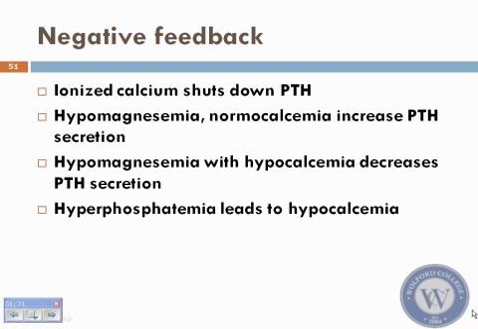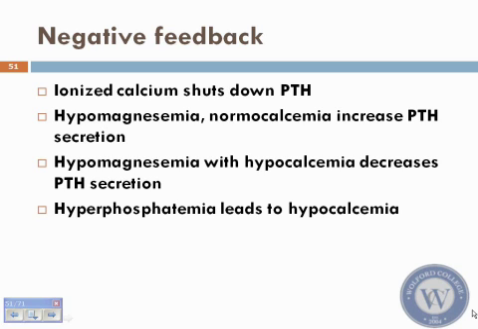And that's kind of easy to remember, because magnesium is very similar in size and also in charge to calcium. So if you see that somebody's hypomagnesemic, they may actually activate parathyroid hormone release just like somebody who was hypocalcemic. So even though they're normocalcemic, you can still see an increase in parathyroid hormone secretion.